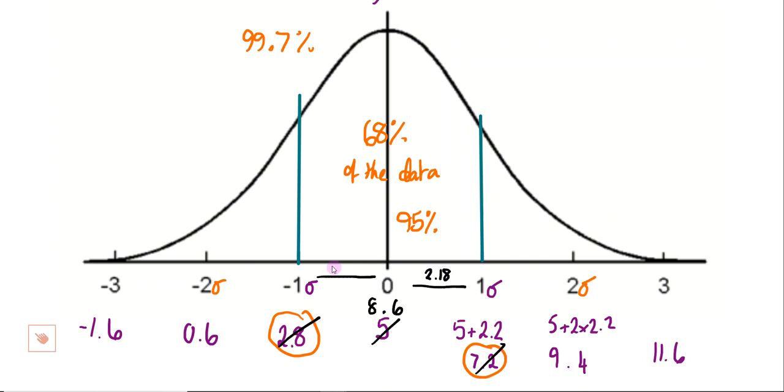And 2.18 below. Okay, so these are the values that they're talking about, above and below. So not 2.8, it's the ones we wrote down. So we now know that 68% of his runs fall within those times. And that's it. That's the only inference I can make.